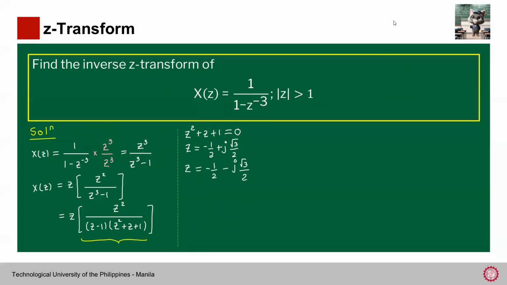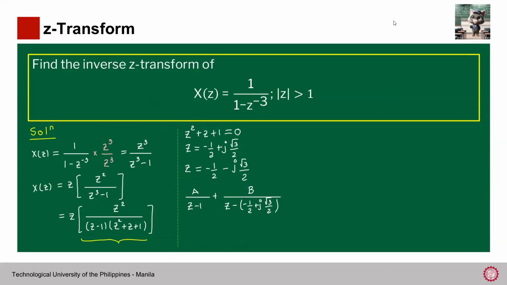Our partial fraction will have A all over Z minus 1, plus B all over Z minus, and since the root is itself negative, we need a quantity: Z minus negative 1 half plus j root of 3 over 2. Okay, guys? Is that clear? Hopefully that's clear.